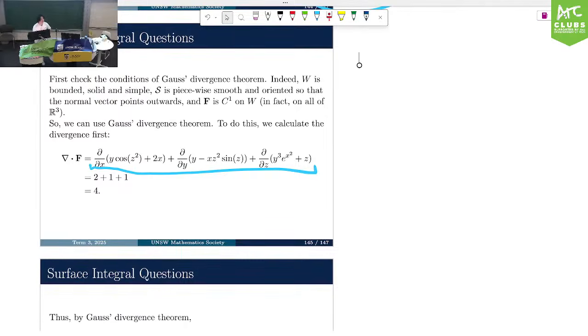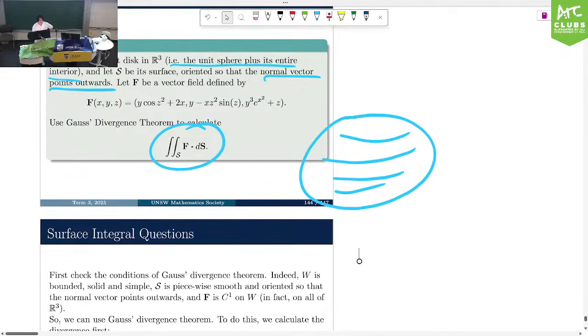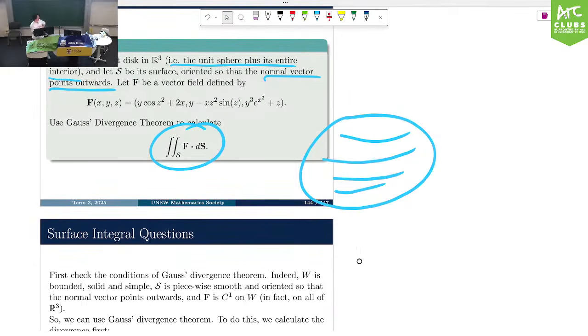Yes? If we're integrating over the surface, would it just be all the normals to the surface? Sorry, could you repeat that question, please? I'm just trying to think about what the relation might be.